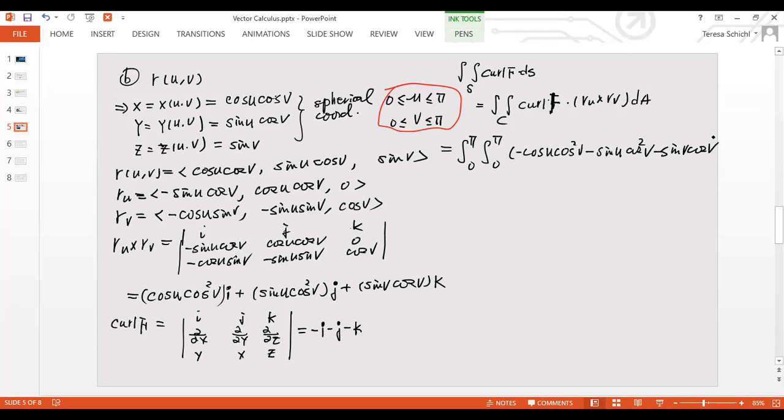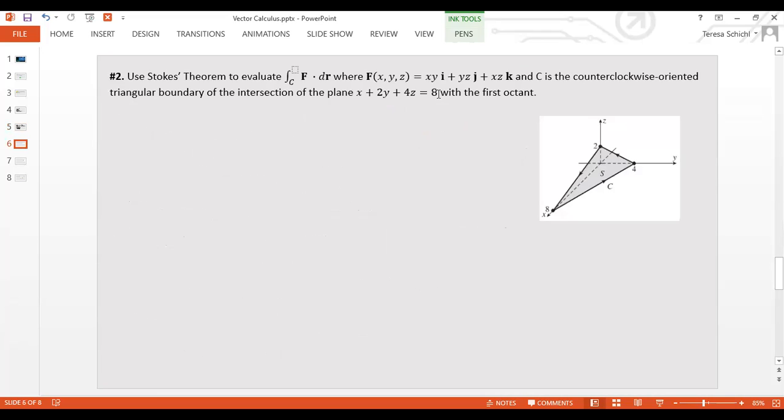All right, so this is a big integration, then you do du dv. Even though it looks pretty complicated, now you have simplified everything to u and v, you can just use the simple integration we learned in Calculus 2, do a double integration, and amazingly this turns out to be negative pi. So from this example, we kind of showed how to use Stokes' theorem, right? Okay, let's take a look at the next one here.